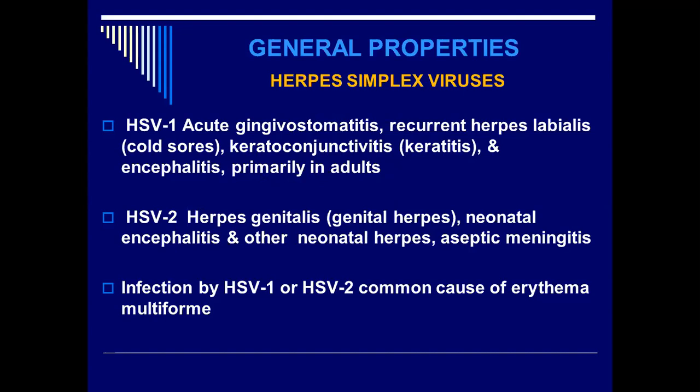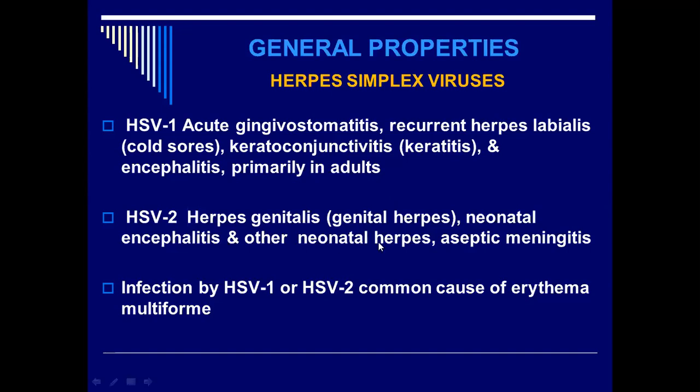HSV1 causes almost 8 clinical diseases compared to HSV2, which mostly involves genital herpes, and it also causes neonatal meningitis or encephalitis, other non-neonatal herpes diseases, and aseptic meningitis. So in the case of herpes 2, it mostly involves the genital area, or it can cause nervous signs in children.